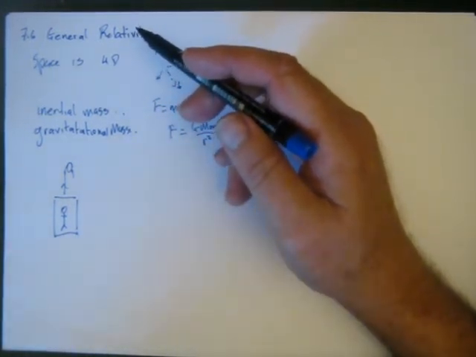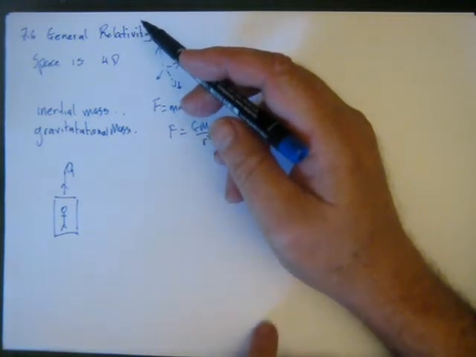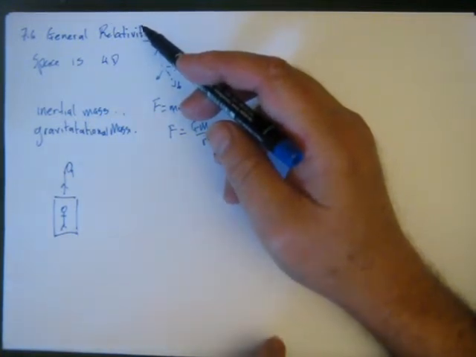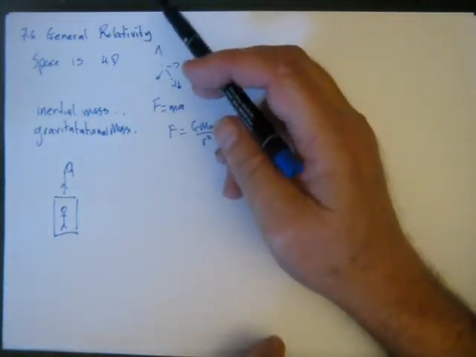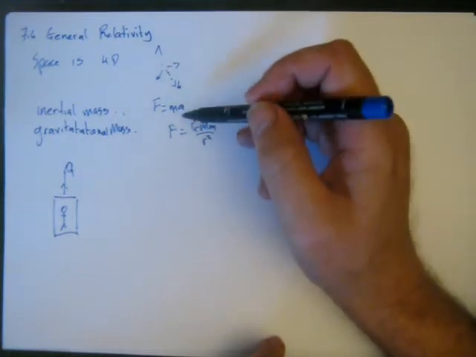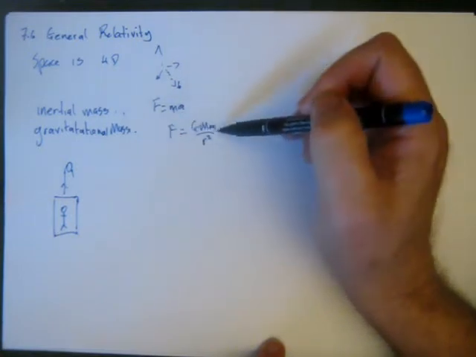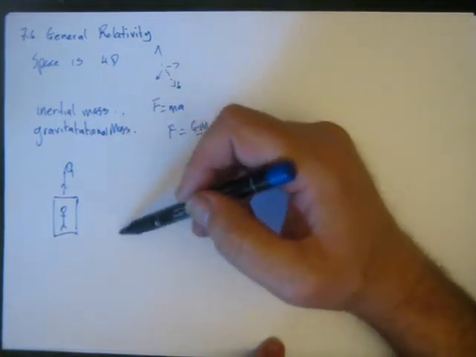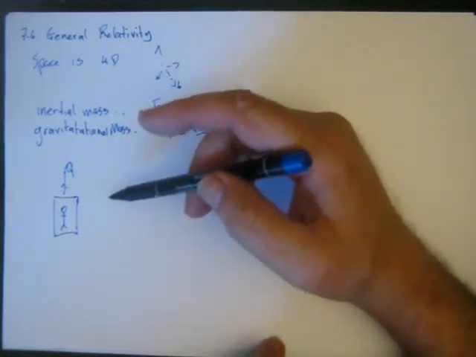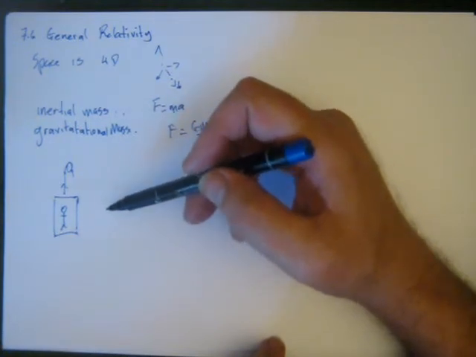And while that seems trivial, it is actually an important step forward. And so basically what it says, if you're in an accelerating frame or if you're in a gravitational field, the laws of physics work the same for both, and the laws of mechanics work the same for both.